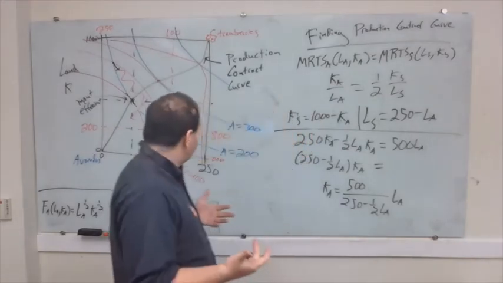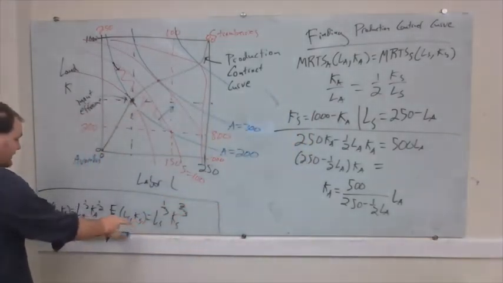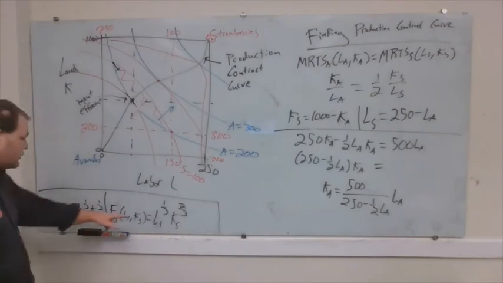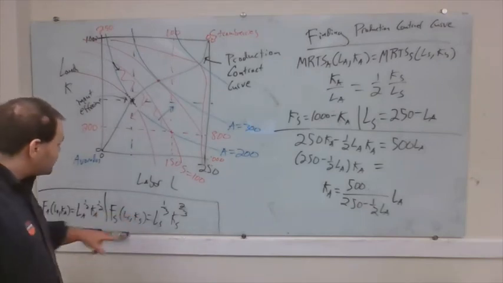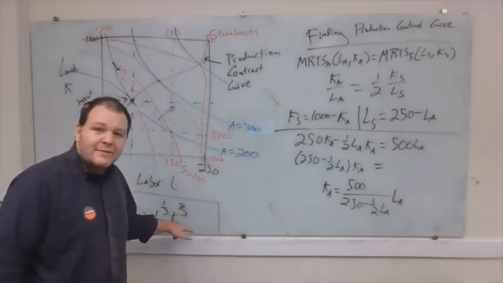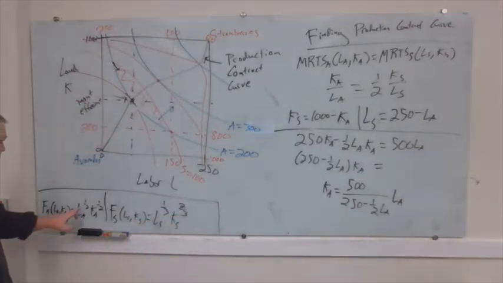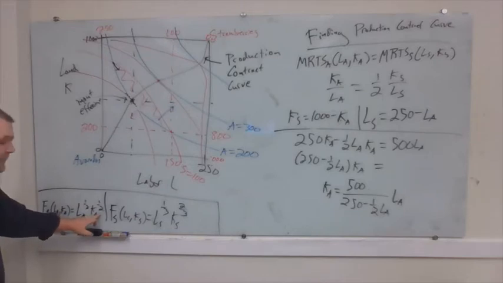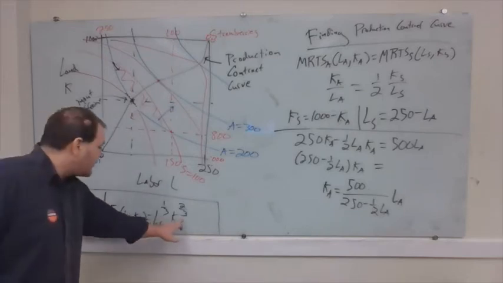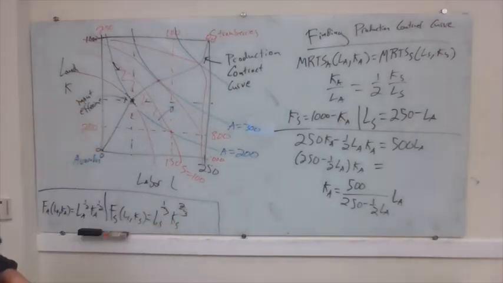Why does this make sense? Well, if we look at our production functions for avocados and for strawberries, we can see that strawberries are a more capital-intensive industry. We said that avocados are L_a to the 1/2 times K_a to the 1/2. Strawberries are L_s to the 1/3 times K_s to the 2/3.